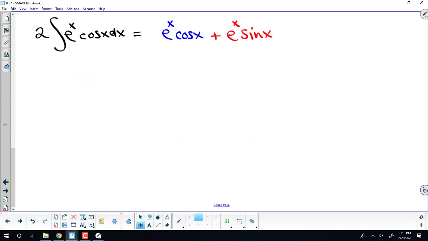So that gives us that the antiderivative of e to the x cosine x is all of this stuff over 2, or times 1/2.